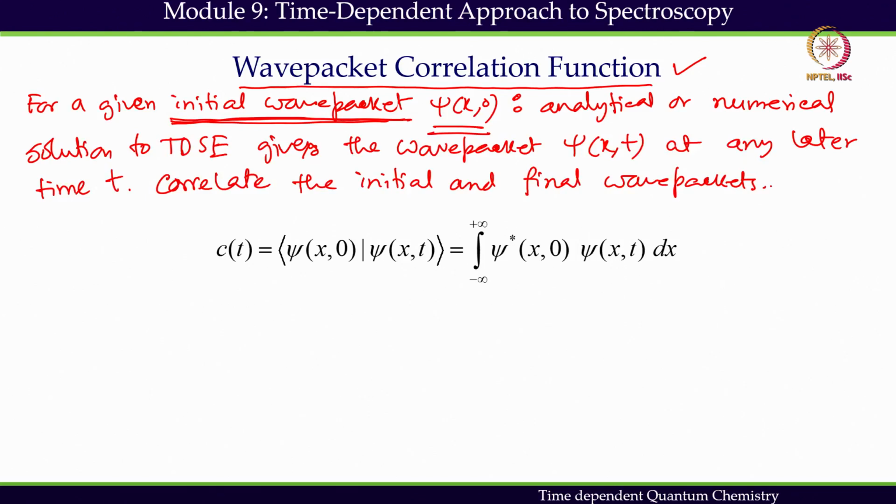So, what we need to do is that we have to do the correlation, how they are correlating. That is exactly what we are going to find out, and that is given by this correlation function. This is called the Wavepacket correlation function.